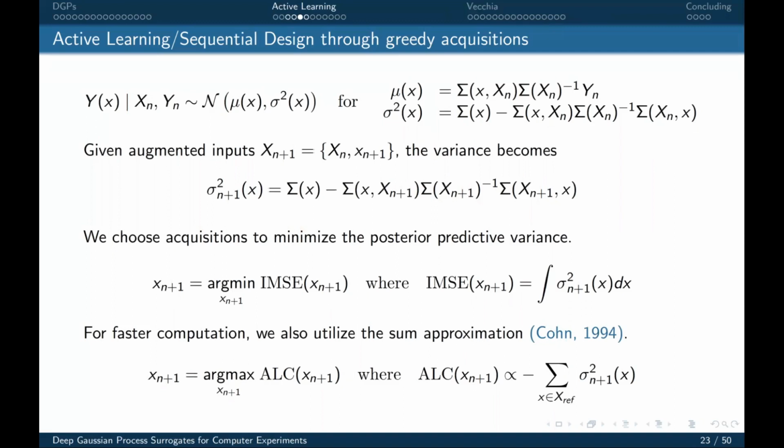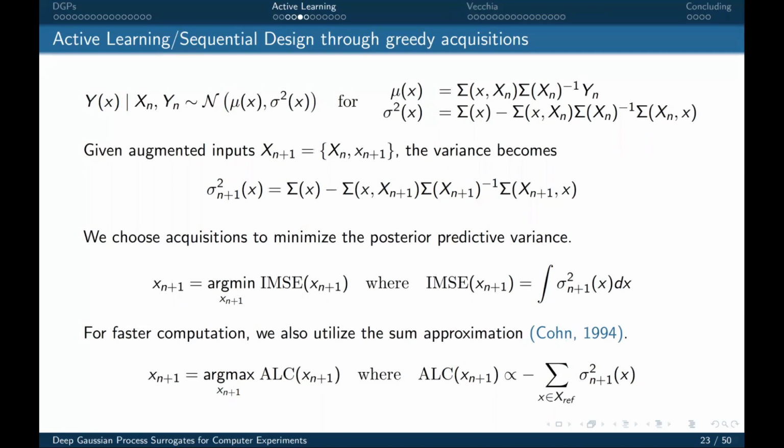People call this the integrated mean squared error, or sometimes people put a P in there, integrated mean squared prediction error. I could ask, what is the coordinate x1 that minimizes this integrated error? That would be a good one to choose, because that's going to give me the most bang for my buck when running the simulator. It's going to reduce the variance the most. So that's a really good choice.